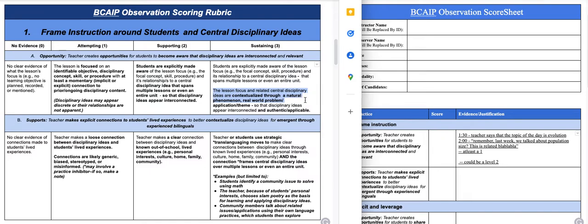So this is where we would need to see that opportunity for students to engage with an issue, a real world issue, and be able to start using the tools of your discipline to think through, make sense of, problem solve around that issue or application.